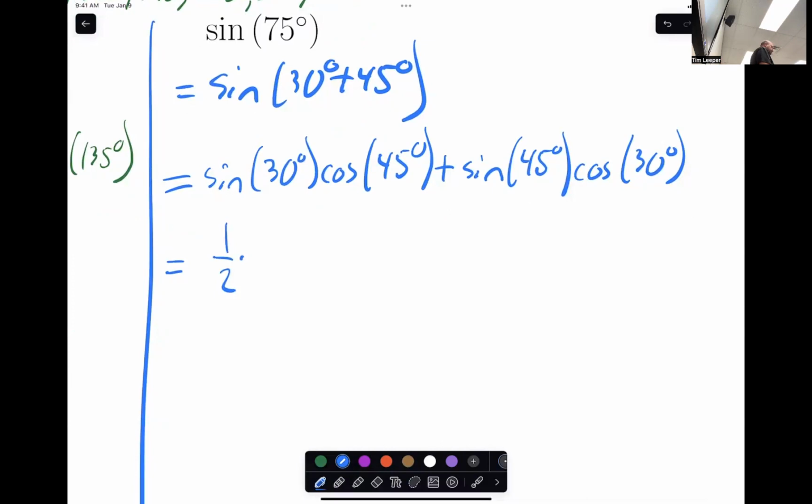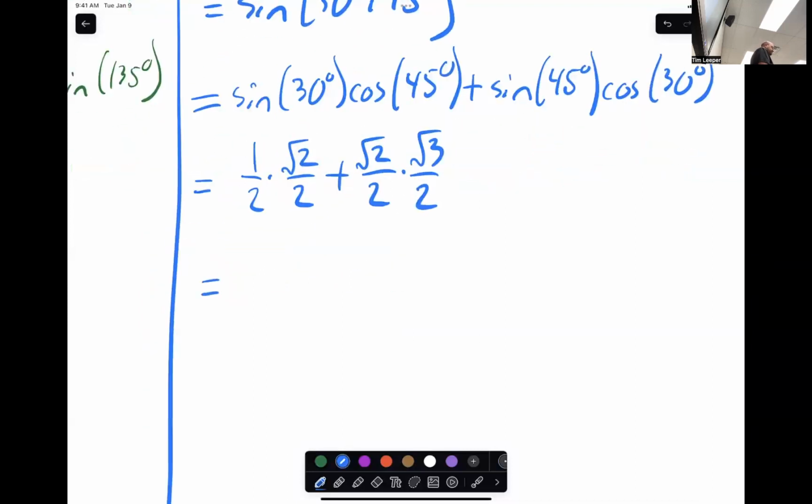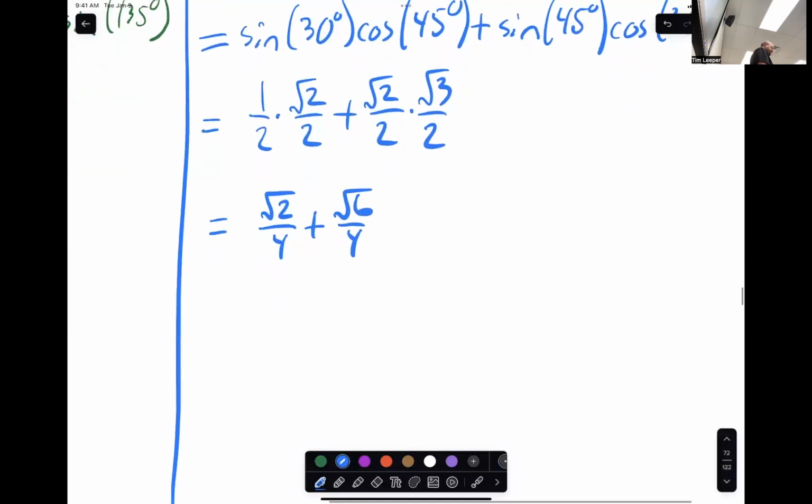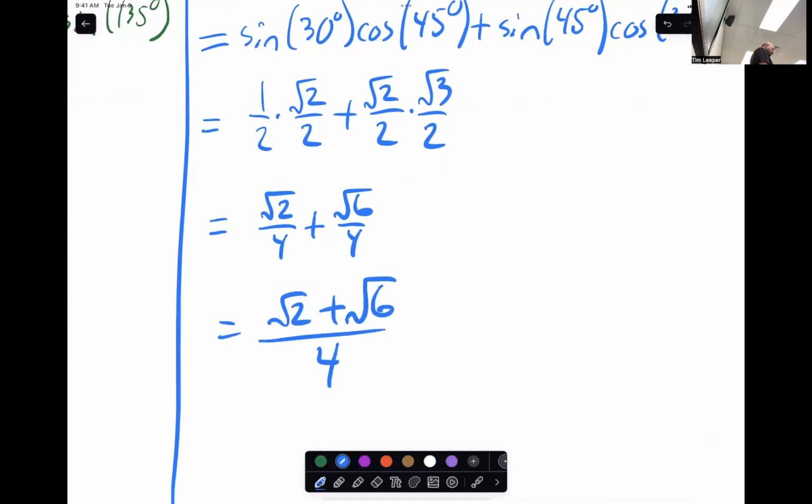The cosine of 45 degrees is the square root of 2 over 2. And then plus the sine of 45 degrees, square root of 2 over 2, times the cosine of 30 degrees, which was the square root of 3 over 2. So this is going to give us the square root of 2 over 4 plus the square root of 6 over 4, which simplifies to the square root of 2 plus the square root of 6 all over 4.